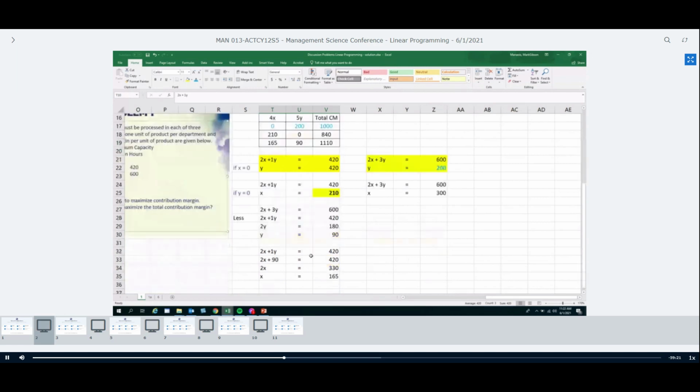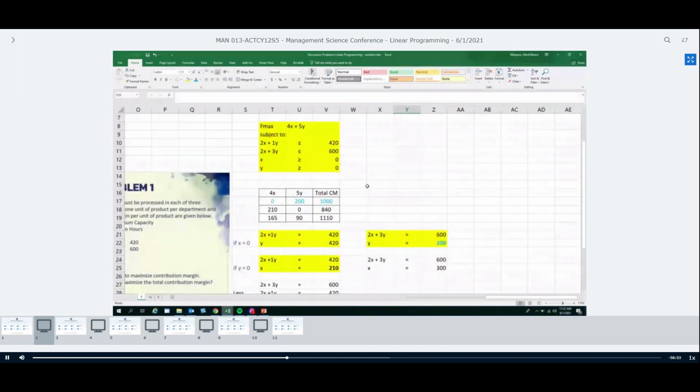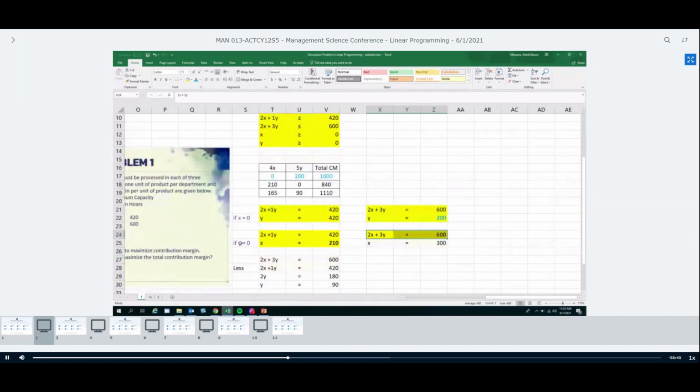Ngayon, if y is 0 naman. Ha? So ito tayo ha. If y is 0, so meron tayong 2x plus 0. Again, to get the x, 420 divided by 2. So that's 210. Okay? Punta naman natin yung second equation. That's 2x plus 3y is equals to 600. So dito na tayo ha. Again, if y is 0, so that's 2x plus 0.